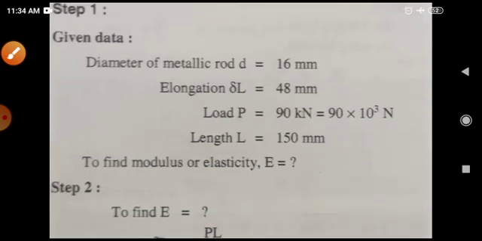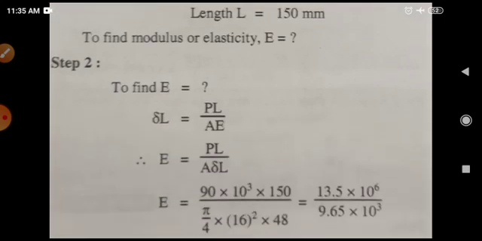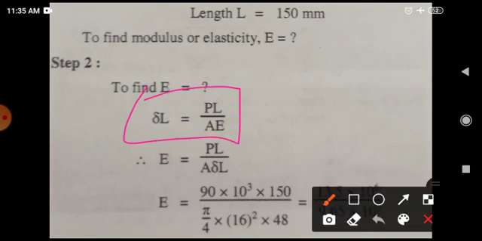Here all this given data is written. Load, diameter, change in length and length are given. Now you will also have a direct formula for DL here. It is not coming from anywhere, it is just the expansion.